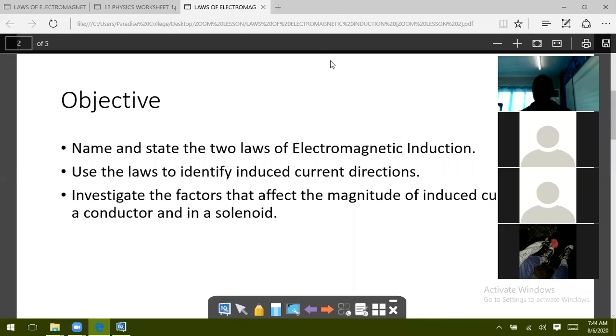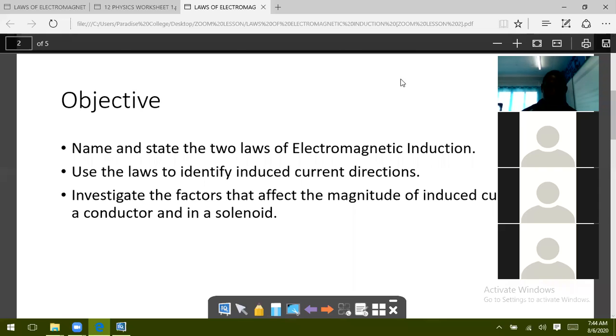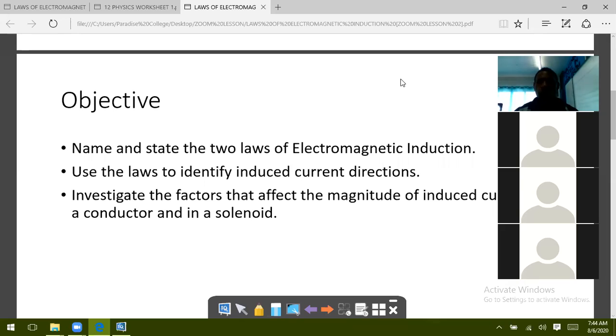All right, so I'm actually going to quickly run through the objectives again. You're naming and stating the two laws of electromagnetic induction. The second objective or outcome is we're going to use the laws to identify the induced current direction. And finally, investigate the factors that affect the magnitude of induced current in a conductor and in a solenoid.